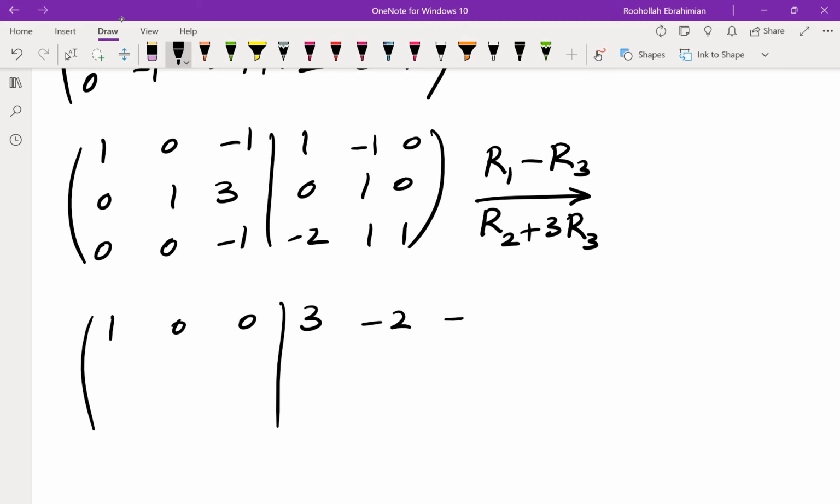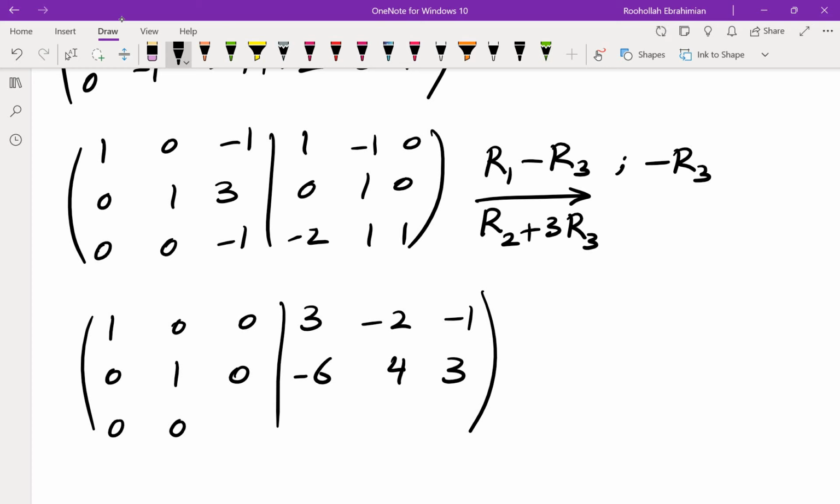Minus 2 here, and then minus 1. 0 1. So we are adding 3 times the third row to the second row. That would be 0, minus 6, 4, 3, 0 0. And then we could also negate the last row. Last row becomes 1 2 negative 1 negative 1.